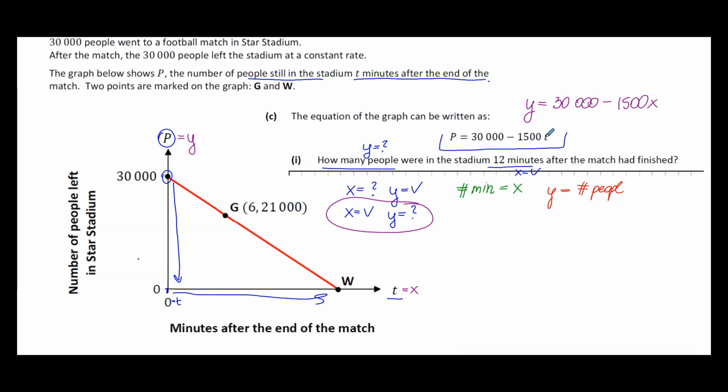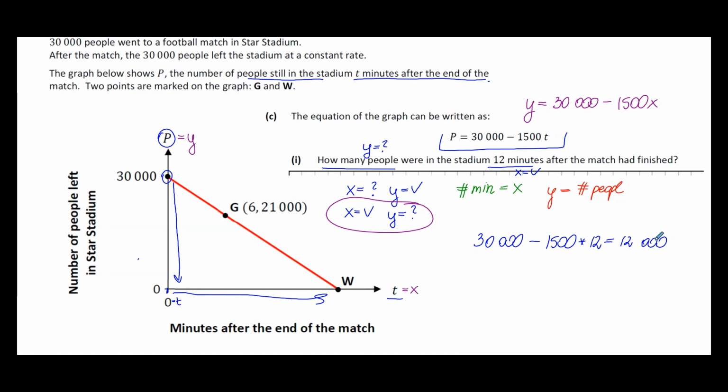So that means that we replace our t, which represents number of minutes, with how many minutes. So that means 30,000 minus 1,500 multiplied by 12. We put that in the calculator, we press equal, and we get 12,000.